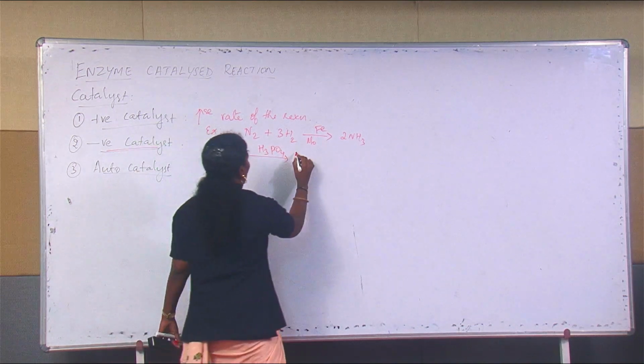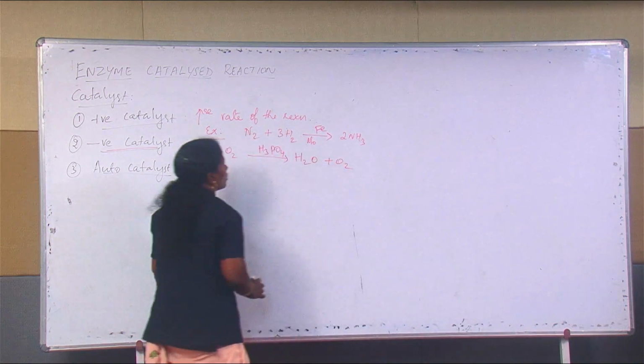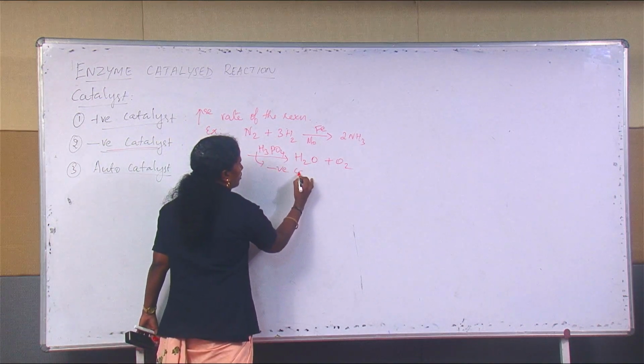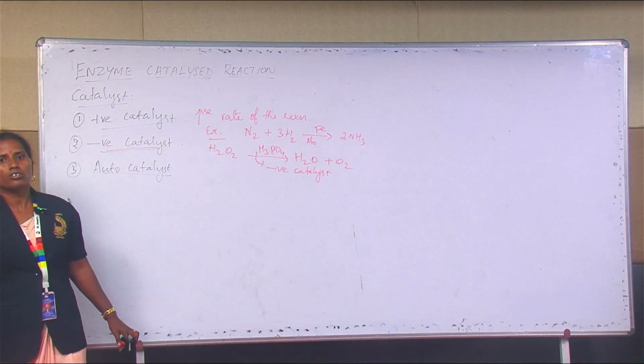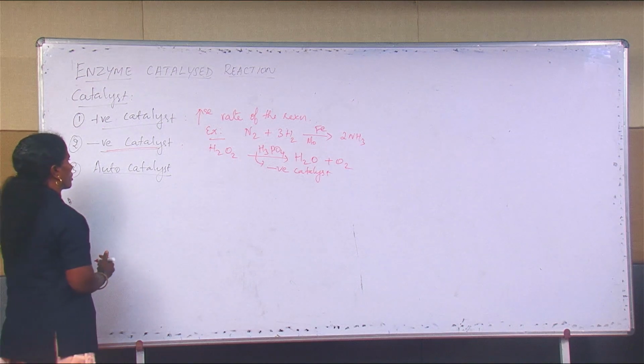H2O2 decomposes to water and oxygen. So the H3PO4 here acted as a negative catalyst. It is used to decrease the rate of the reaction or retard the rate of the reactions.